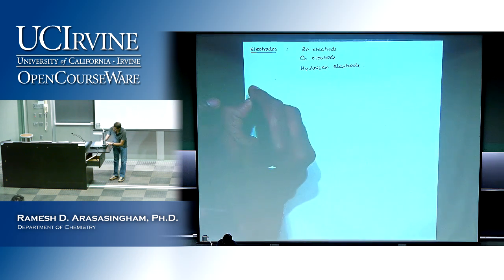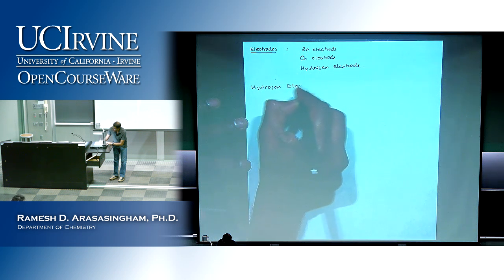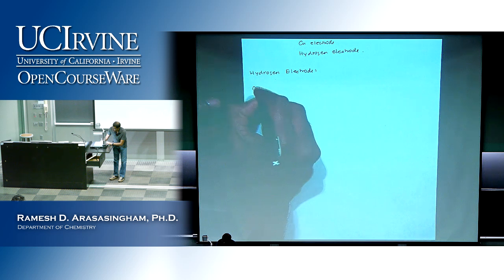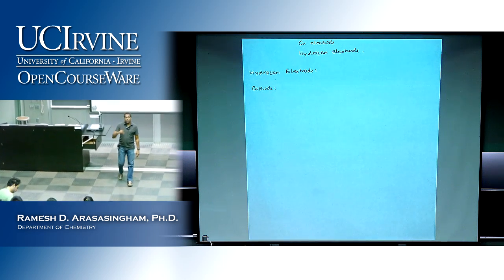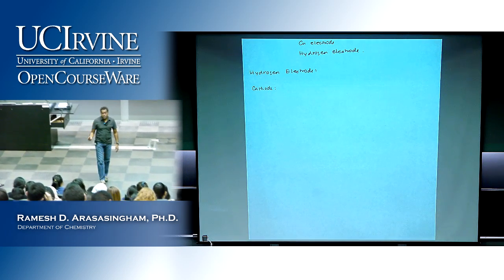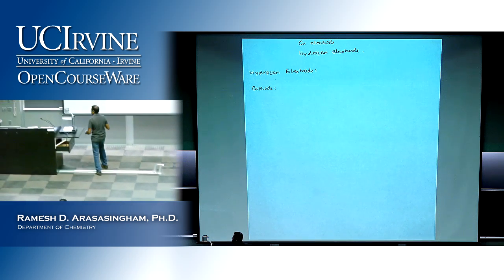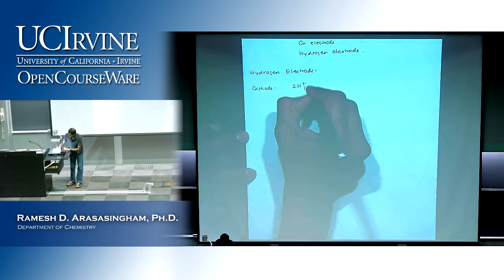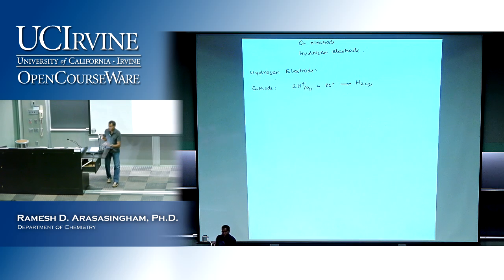So let's take a look at what it means when we say we have a hydrogen electrode. And let's say your hydrogen electrode is the cathode. So if your hydrogen electrode is the cathode, remember at the cathode, does oxidation take place or reduction take place? Reduction, all right? So the reduction reaction that you see at the cathode will be 2H+ aqueous plus 2 electrons, giving you hydrogen gas.